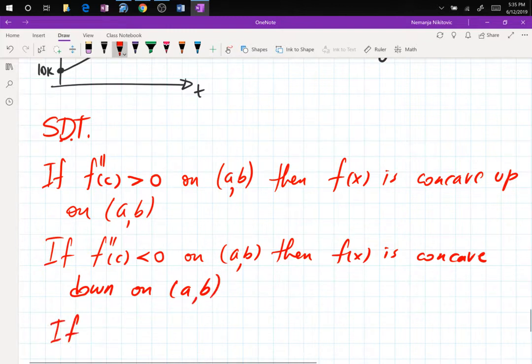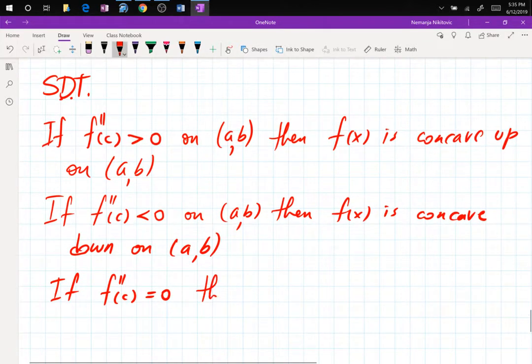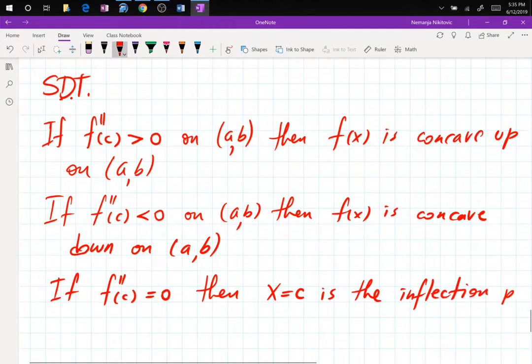Finally, if f double prime of C is equal to 0, then x equals C is the inflection point. What's happening at the inflection point? Your concave down becomes concave up, or concave up becomes concave down.